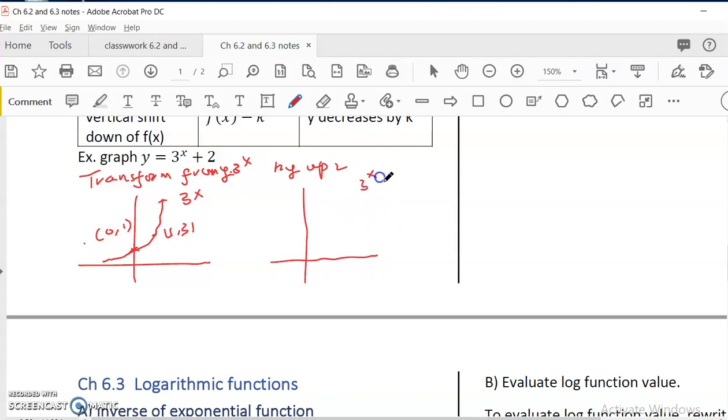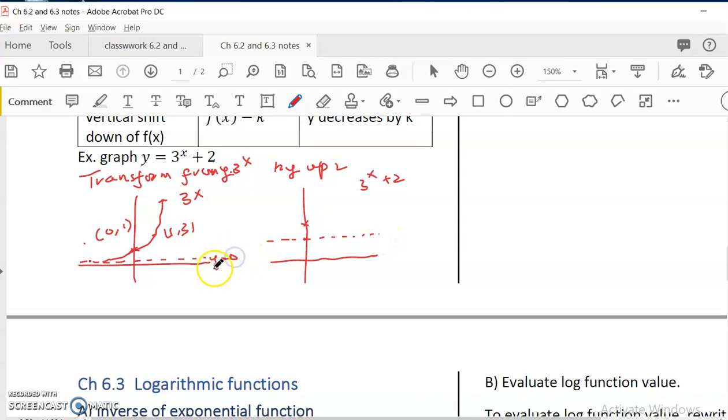So 3 to the x plus 2 will be here. How do I do it? Up 2. All the points go up 2, so (0, 1) becomes (0, 3).